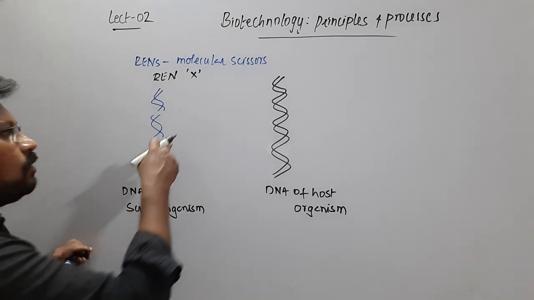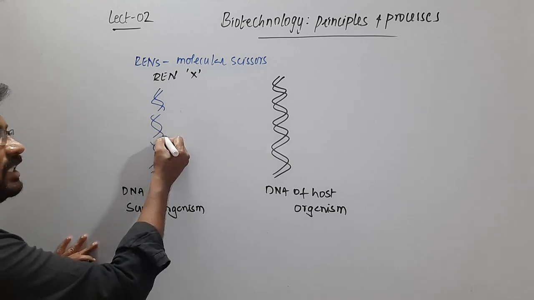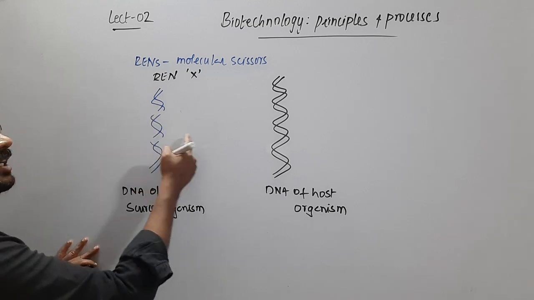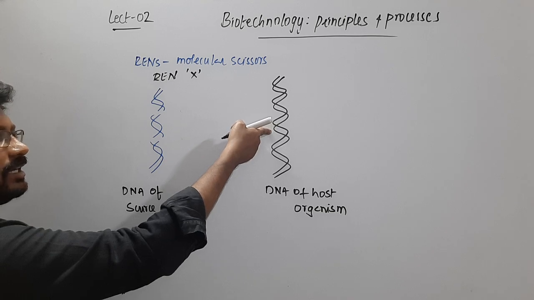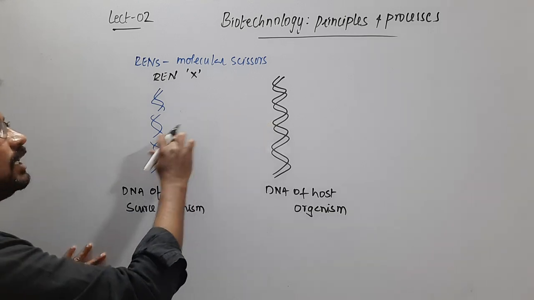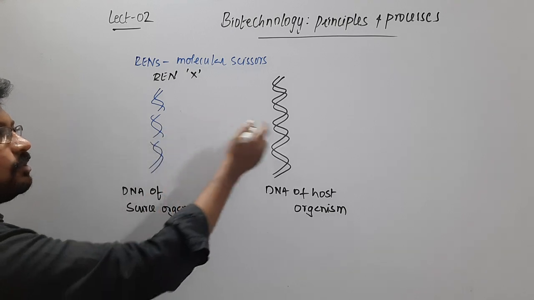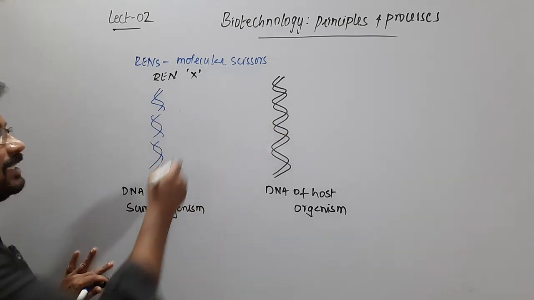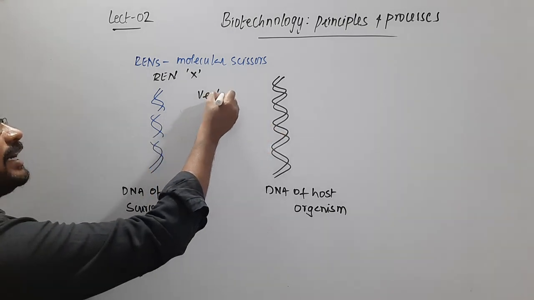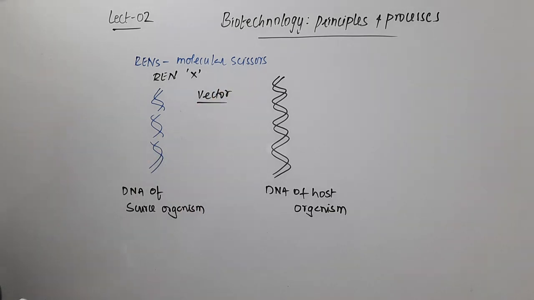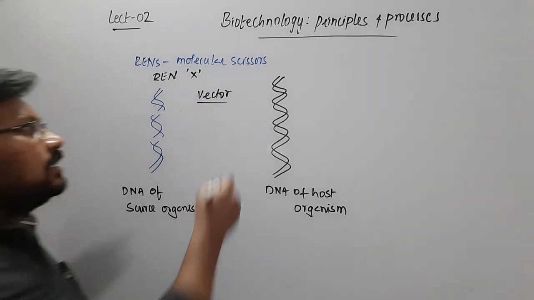Now to put this DNA into the DNA of the host organism, someone has to carry it to this point, and that is what I call a vector. So a vector is required here.